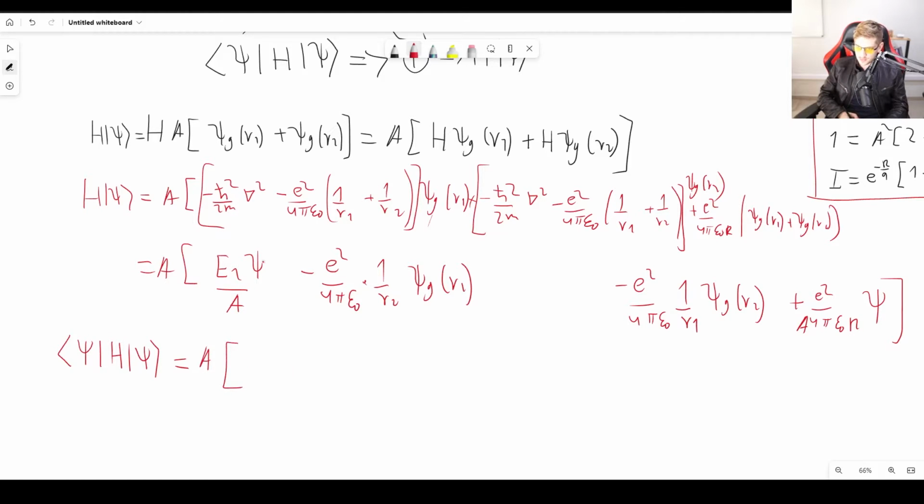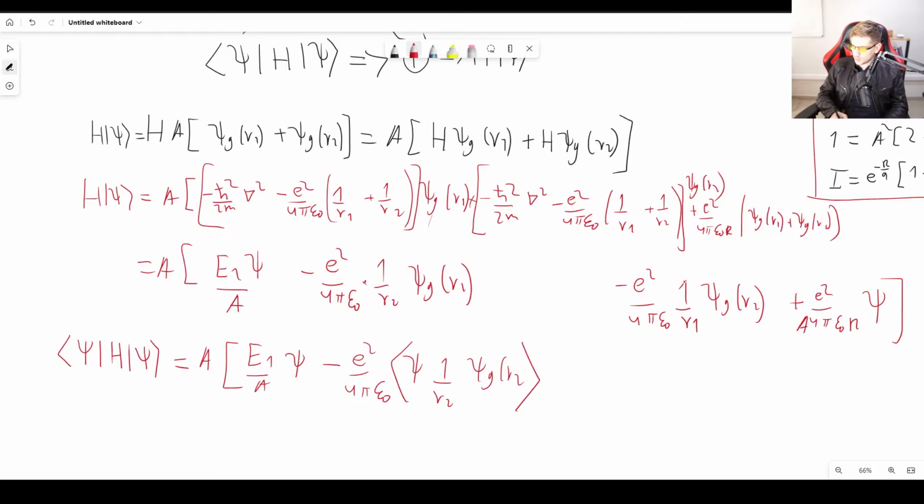And then we have psi times this: E1 over a psi, then minus e squared, this is a constant, I can take it out, and then we get psi 1 over r2 psi g of r2. I'm going to leave it like this.